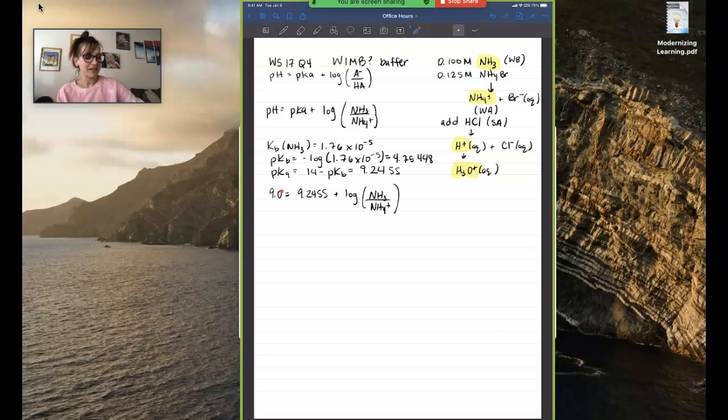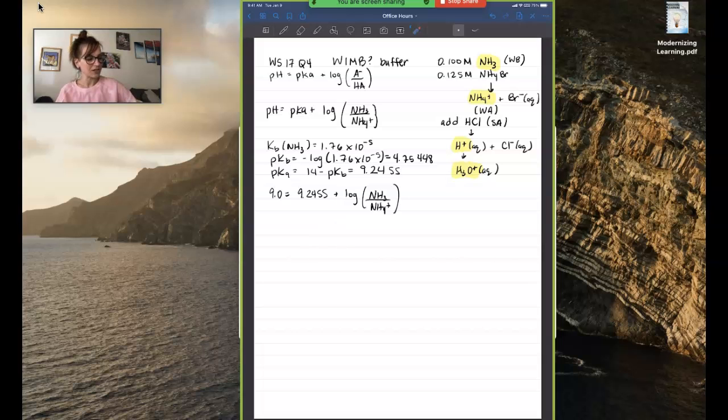However, I want the pH to be 9. And the only way I can do that is by adding a strong acid, and that will change the ratio of ammonia to ammonium. When you're in the laboratory, let's say you're doing some research in a biochemistry lab, you're going to be preparing a lot of buffers. You need to figure out the correct ratio of the base to the acid using the Henderson-Hasselbalch equation.